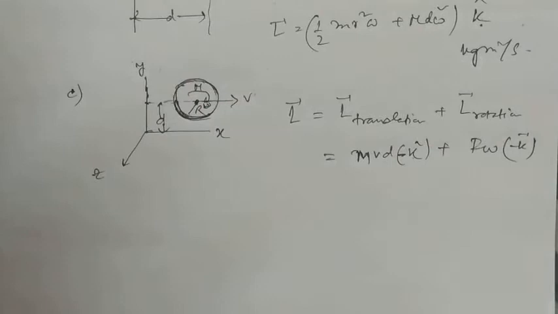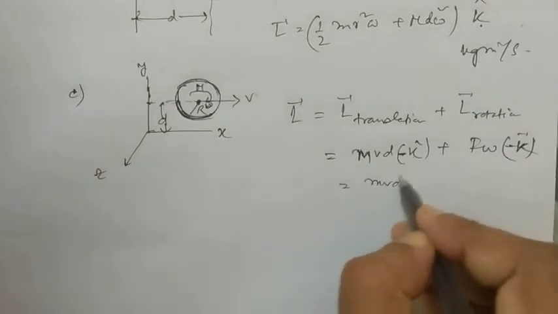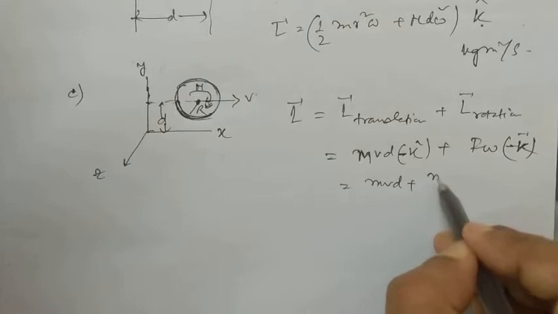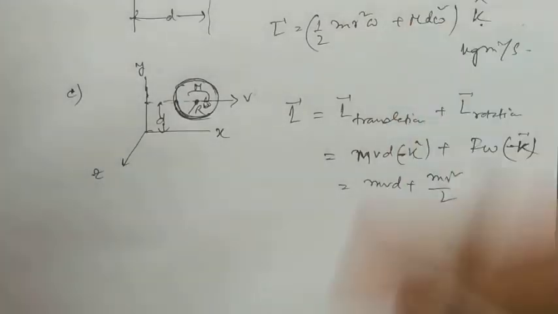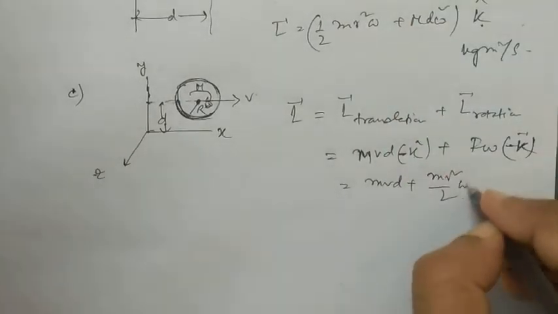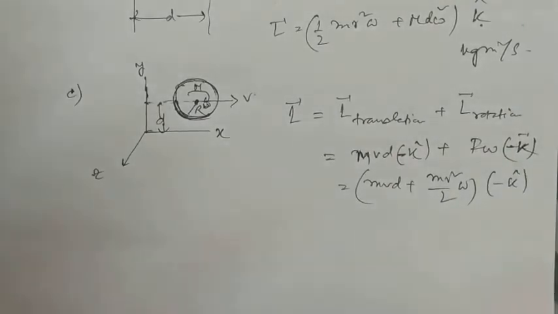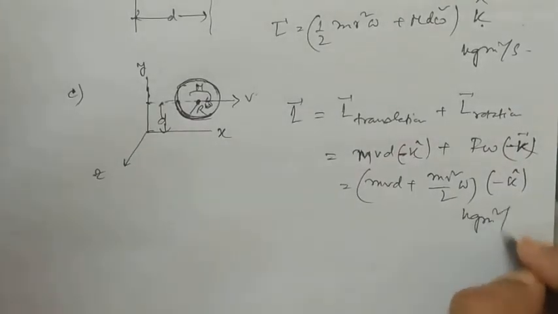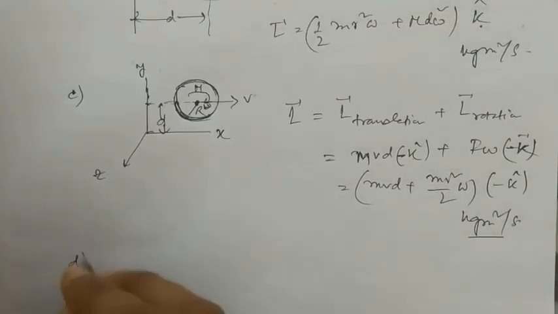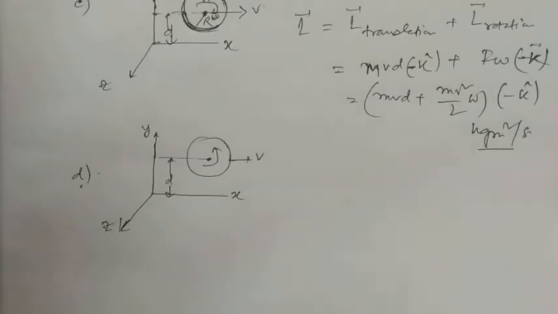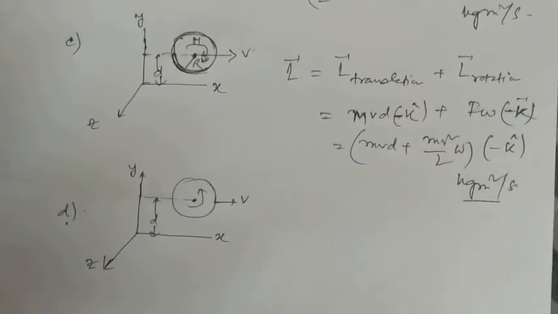So the direction of L will be along the negative z-axis. So m v d plus, what is I here? Half m r square omega, minus k, kg meter square per second.